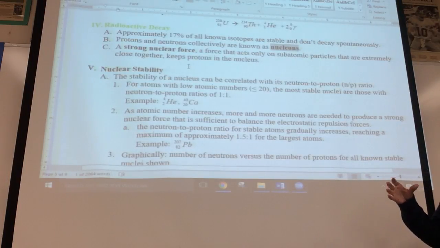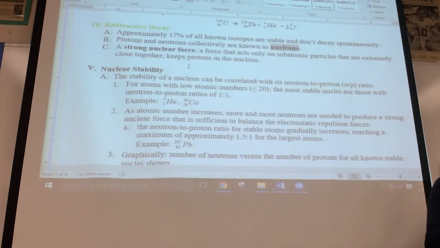And what keeps those subatomic particles in the nucleus, and keep in mind the nucleus is very, very small, as Rutherford illustrated with his gold foil experiment. The nucleus is a very small, dense region. And so it's difficult to keep protons and neutrons there, especially protons, because what charge does a proton have? Positive. So now you've got all these positives really close together, and like charges repel.